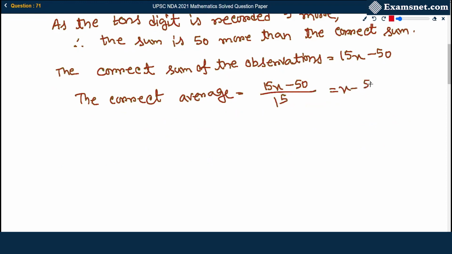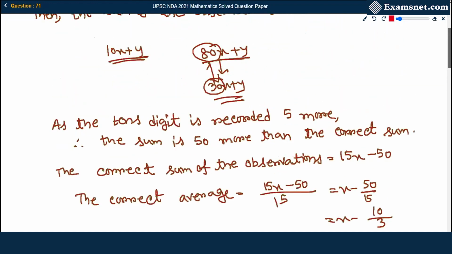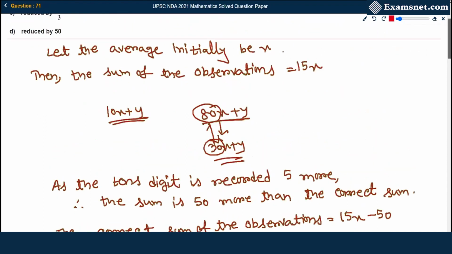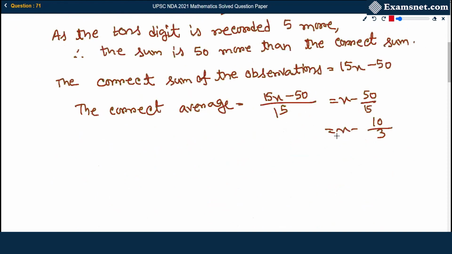So x minus 50 by 15, if I simplify it, I would get x minus 10 by 3. Since we have initially assumed that the average initially be x, now I have seen that the correct average should be x minus 10 by 3.